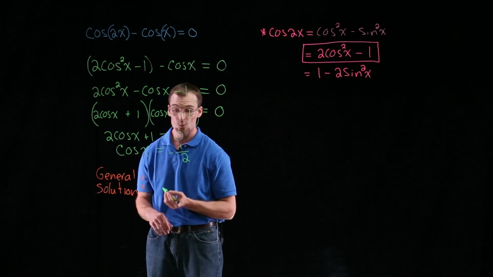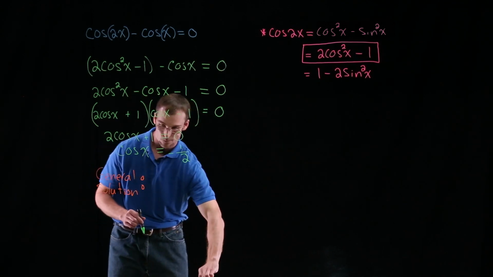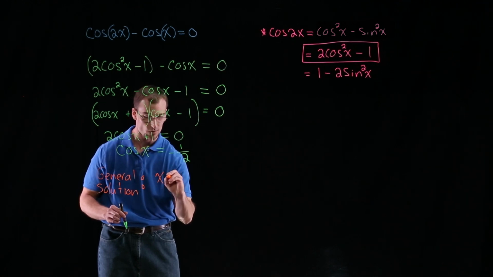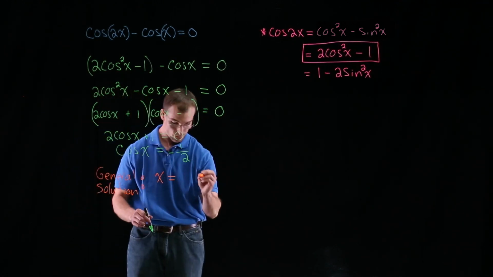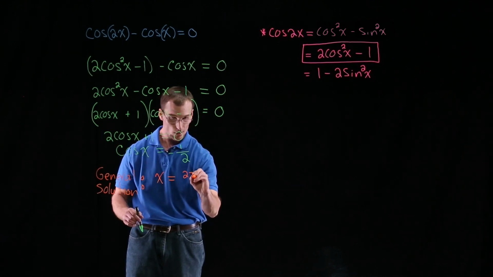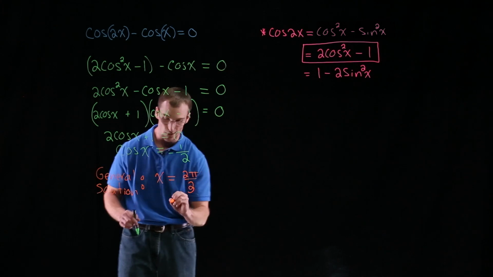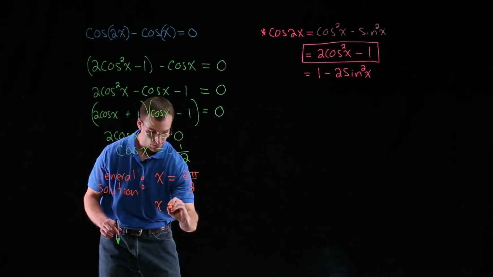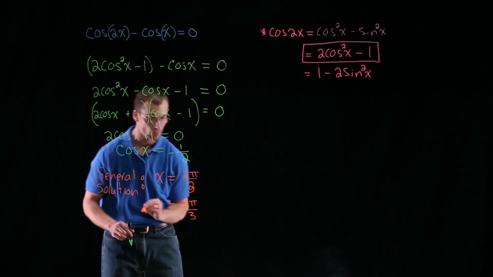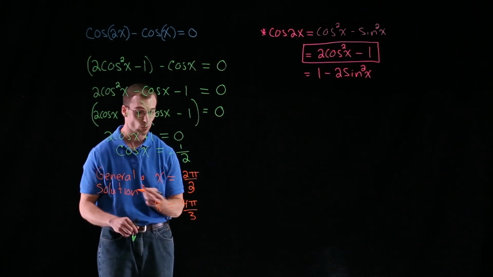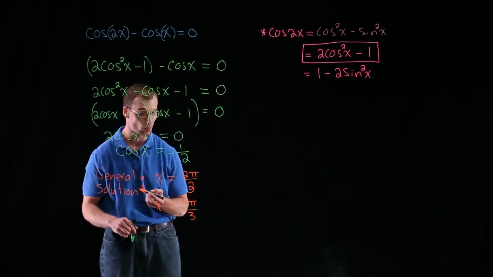So starting between 0 and 2 pi, we know the values of x that give us a cosine value of negative 1/2 are 2 pi over 3 and x equal 4 pi over 3. But again, for a general solution, we want all multiples of this, adding on the period of cosine, which is 2 pi.